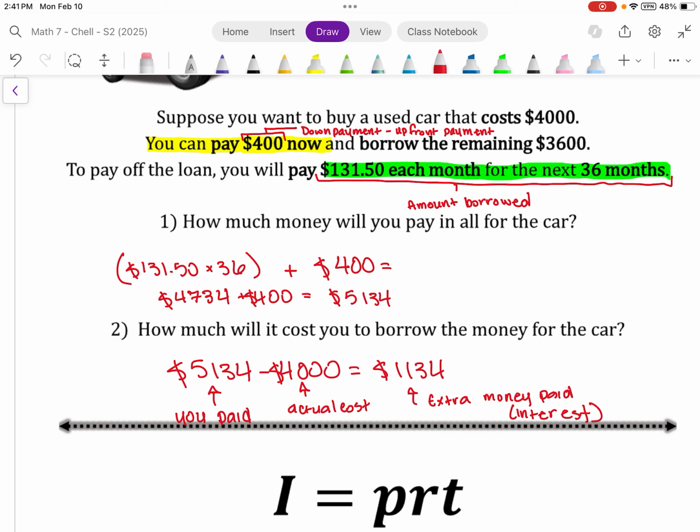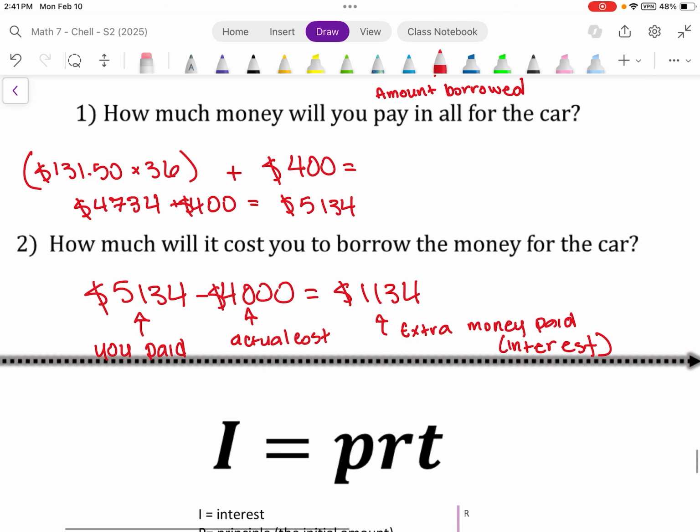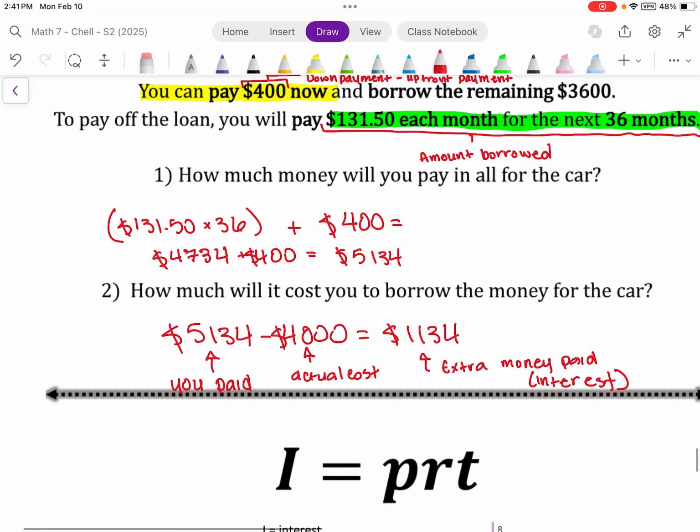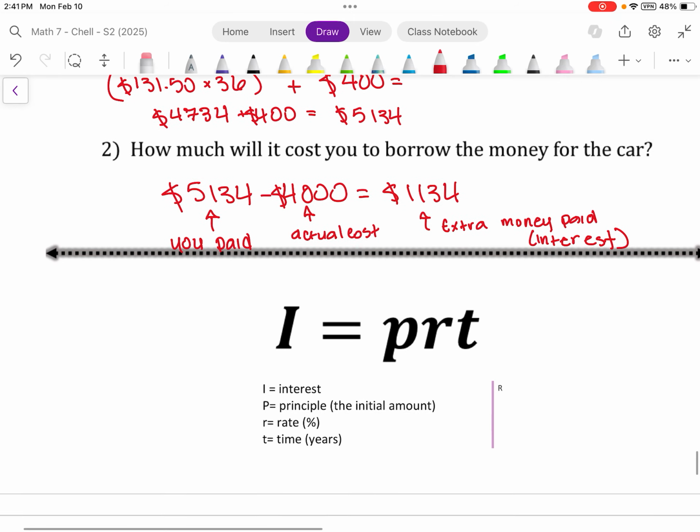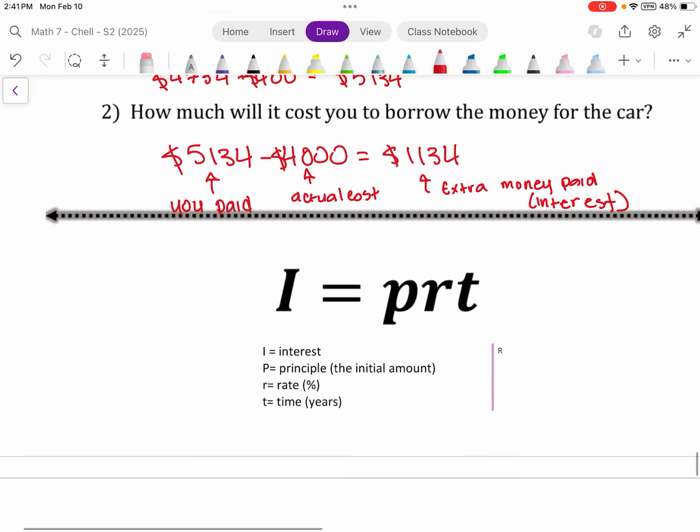So we paid $1,134 more than we were supposed to. This is why sometimes we pay in full or we pay in cash. Okay? So sometimes when you guys ask for a loan in the future, just be careful you guys are not paying a lot more than you need to. So now let's focus on simple interest.